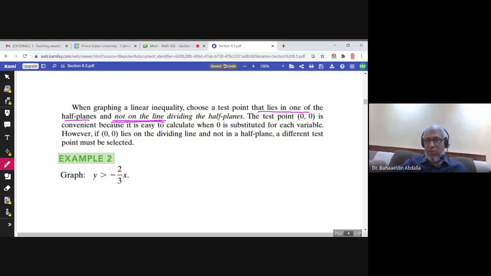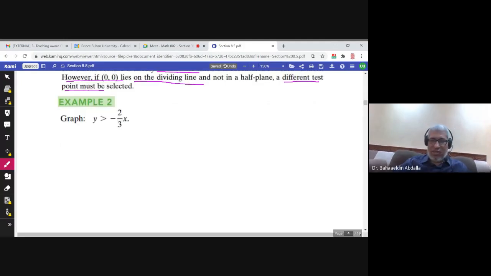So the test point 0, 0 is convenient because it's easy to calculate. So we usually use 0, 0. But if 0, 0 lies on the line, then you cannot choose 0, 0, and you have to choose a different test point.